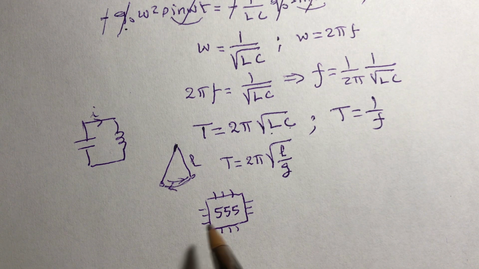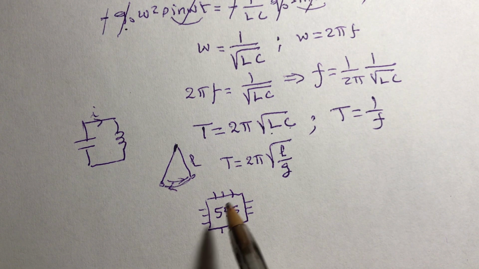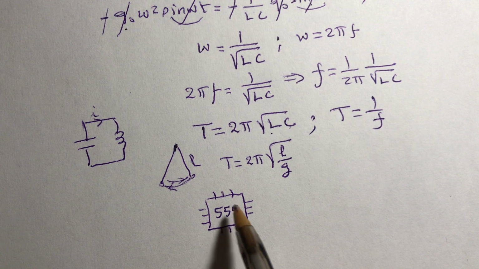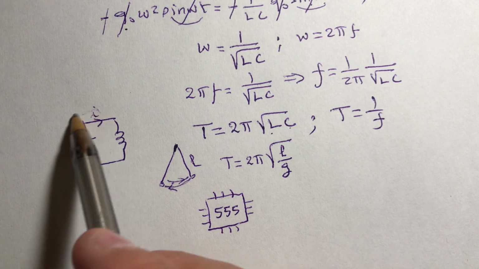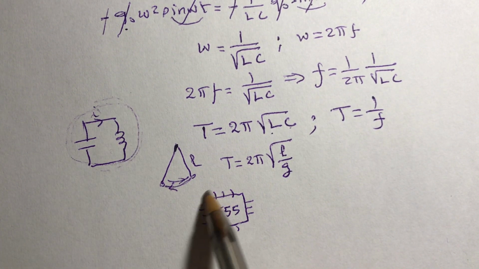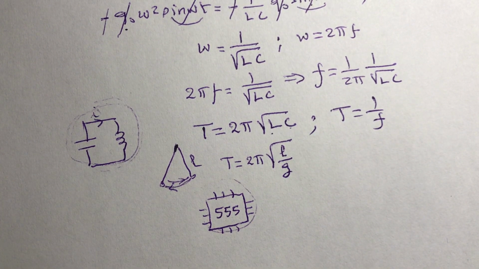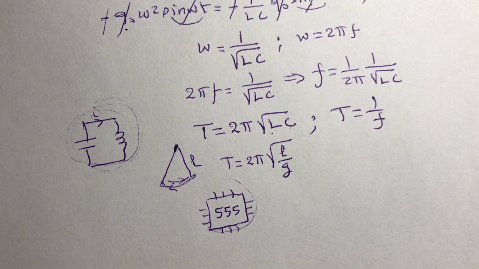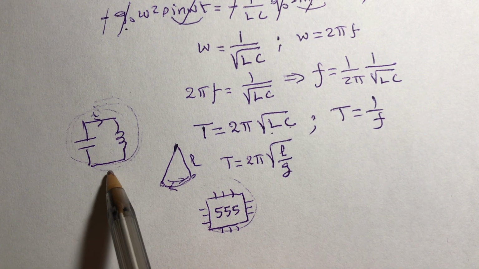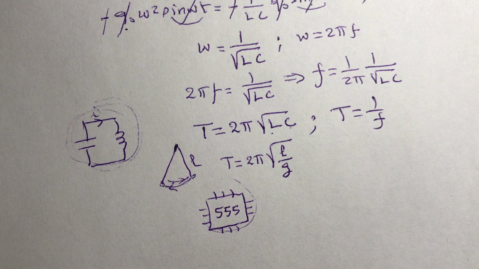I didn't open this chip to see what's inside, but I'm assuming they use this kind of physics for a timer like this one. So this LC oscillator is really useful in electronics, useful in circuitry, useful in electrical engineering.